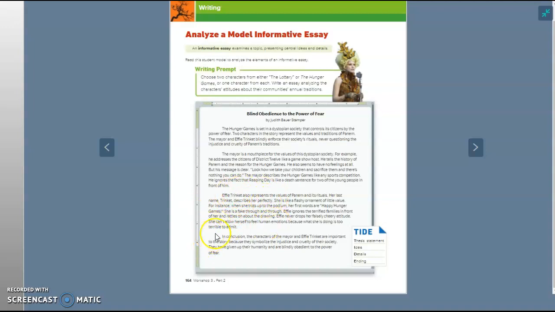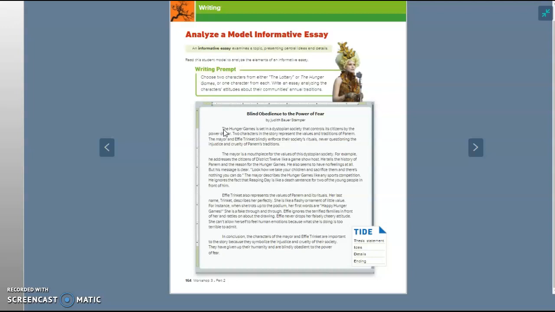And then we have our ending down here. Remember to follow the TIDE pattern: thesis, idea, details, ending. I should see probably one T, and then probably 2 or 3 I's. I should see probably 4 or 5 D's for detail and 1 for ending.